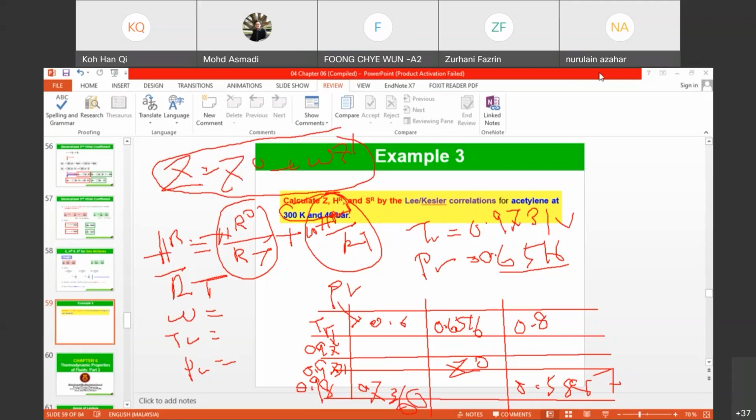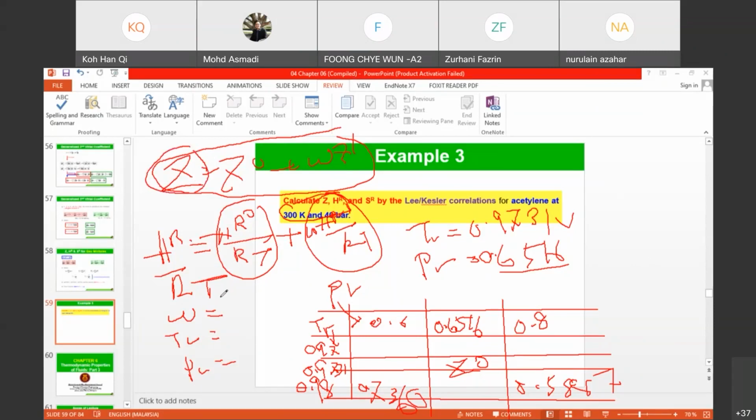Give me the answer. Oh, never mind. Right, we need to determine Z naught and Z prime. Of course, you have to determine them, because if you don't, you cannot calculate Z.